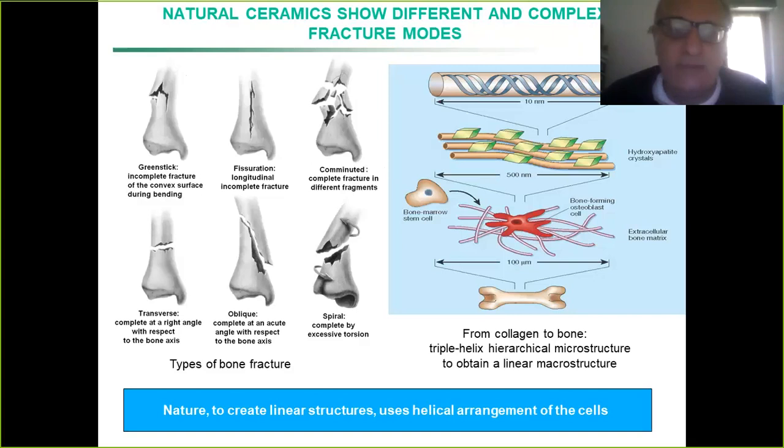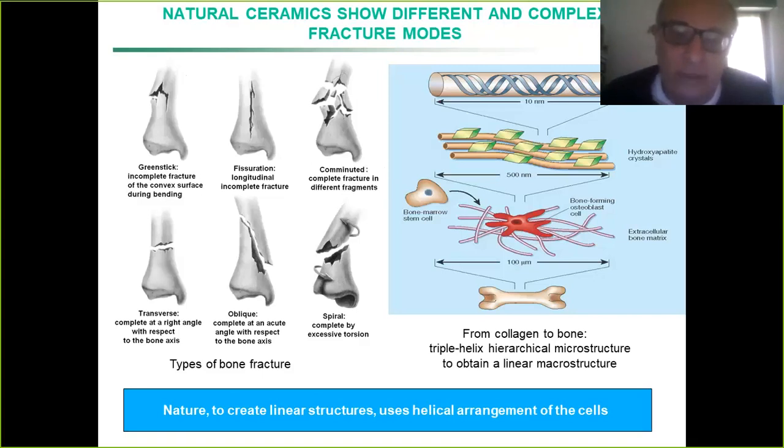And then you can have a fissuration, which is not that strange, it's also in other materials, but in other cases, the comminuted and the spiral fracture in particular are not typical. For example, in metal, you don't find the spiral fracture unless you give a large torque to the metal. Otherwise, you wouldn't have a spiral fracture in tension inside that.